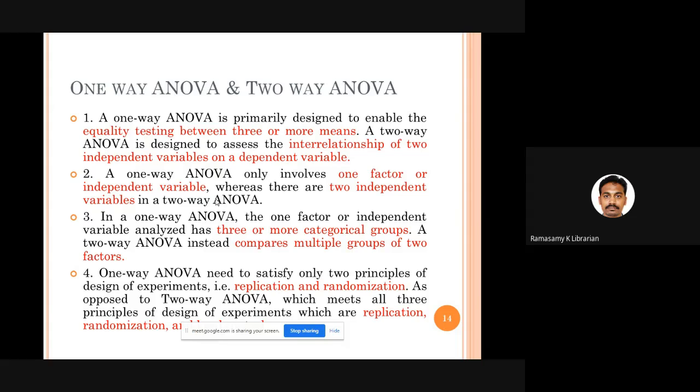When you talk about one-way ANOVA, we take only one independent variable, we take only one dependent variable, and we try to understand whether there is any significant difference between the independent variable and the dependent variable. For example, what is the independent variable? The qualification of the student: UG, PG, research scholar.